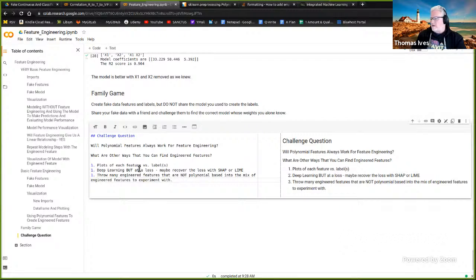Probably could have worded that better. I ended with a preposition, but still, throw many engineered features that are not polynomial based into the mix of engineered features. I'll just say for experimentation.